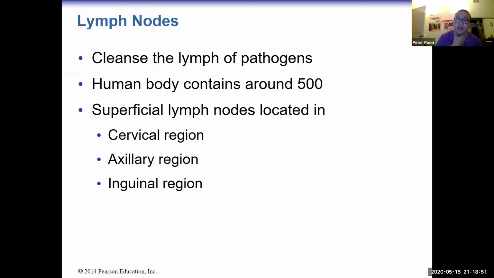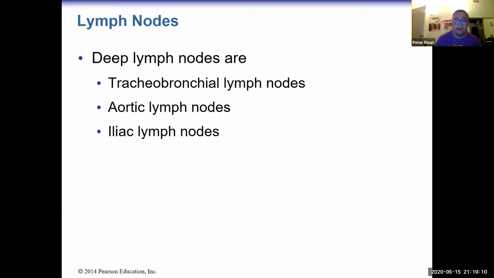Cervical is your neck, axillary is armpit, inguinal is groin. If you look up old pictures of bubonic plague, you'll see people with swollen lymph nodes in their neck. There are also deeper ones.